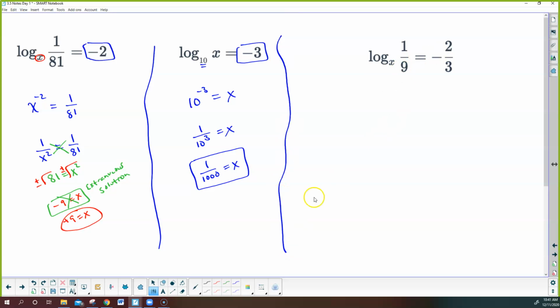Last one, I wanted to make sure we got to this one too. Okay, so I am going to change the base here. I'm going to change it as x to the -2/3 power is equal to 1/9. Okay? Now, this scares a lot of kids, and there's more than one way to solve this.